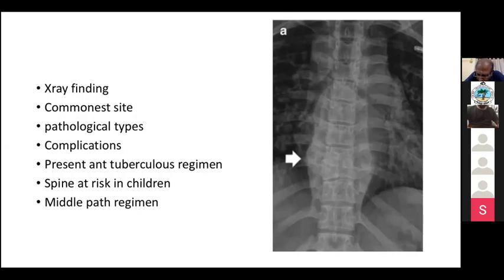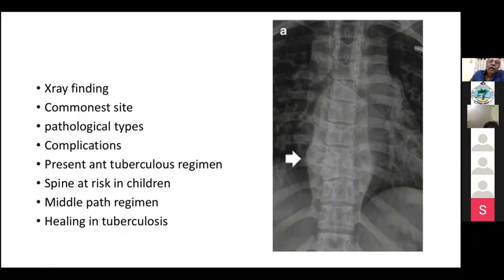The patient not responding to adequate conservative treatment, patient deteriorating on adequate conservative treatment. Then progressive neurology, flexor spasms that prevent the patients from lying down. There are some more indications which you find out regarding the middle path regime.